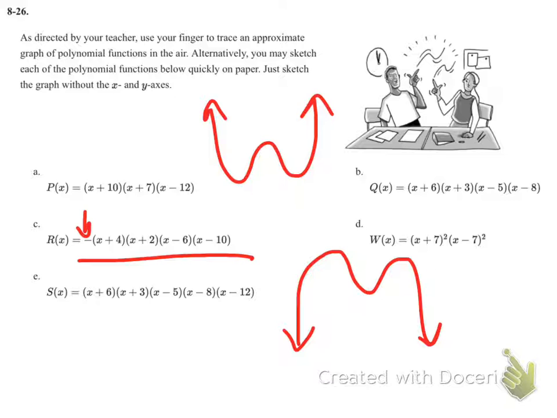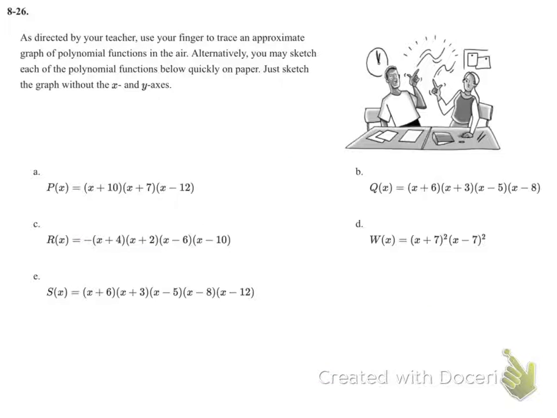Problem D is also going to be fourth degree. We have this one squared and this one squared, so I'd still have x to the fourth as my leading, or as my highest power. So it's going to look, again, like this.